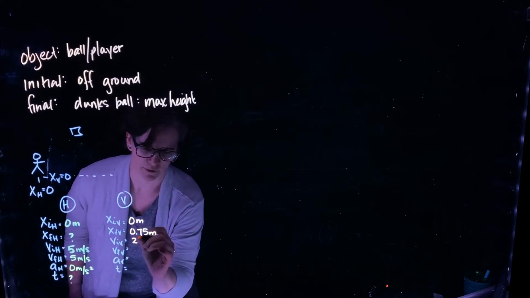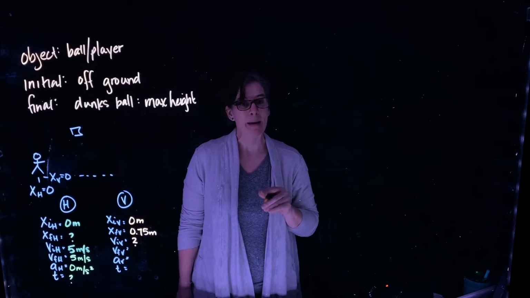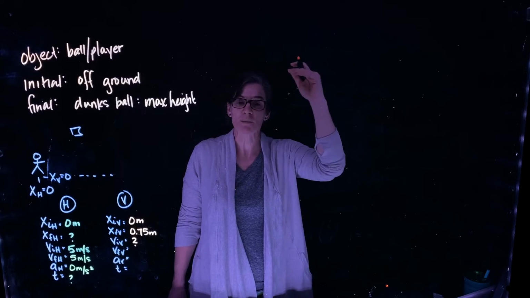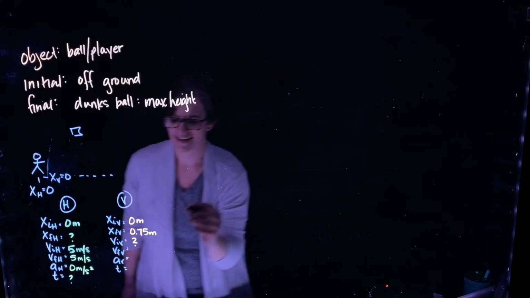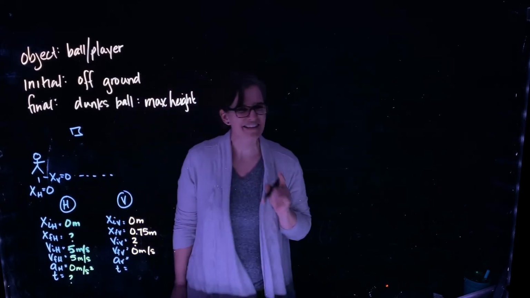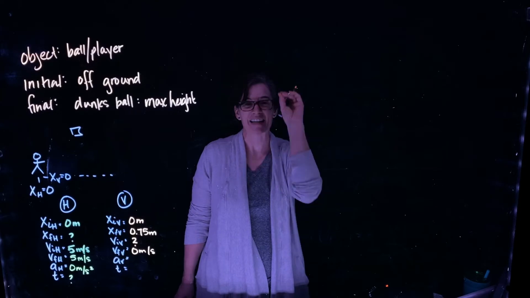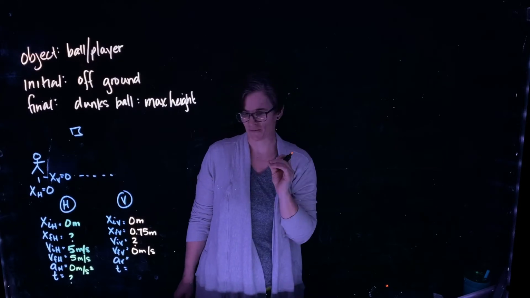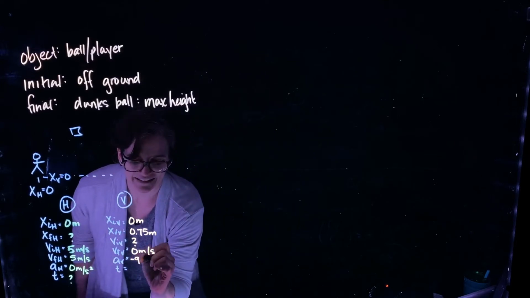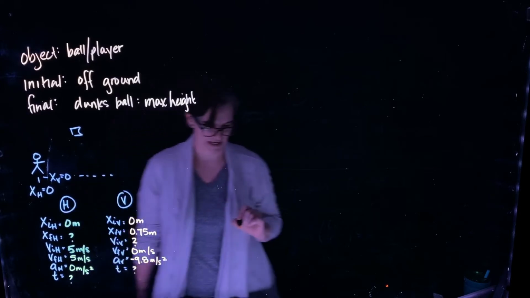So we don't know his initial velocity vertically, but we're told he reaches a maximum. And we know in two-dimensional motion, projectile motion, that maximum has a final velocity of 0 meters per second. So it's not given as 0, but because it's a maximum, we know that it reaches that turning point when we're moving up and down. We're in a state of free fall, so the acceleration is negative 9.8 meters per second squared. And again, we don't know the time.